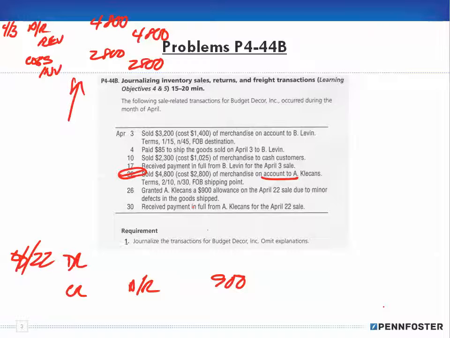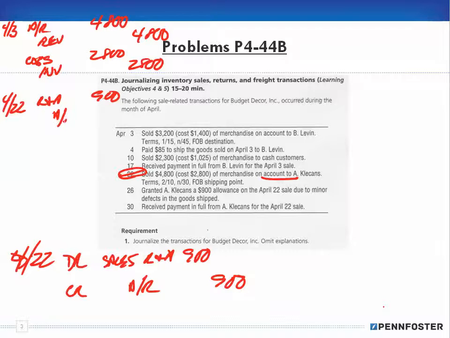I'm giving them an allowance, so that would be my sales returns and allowances account for $900. So that's the entry for that, and I'm going to write it up here small: sales returns and allowances 900, and accounts receivable 900.